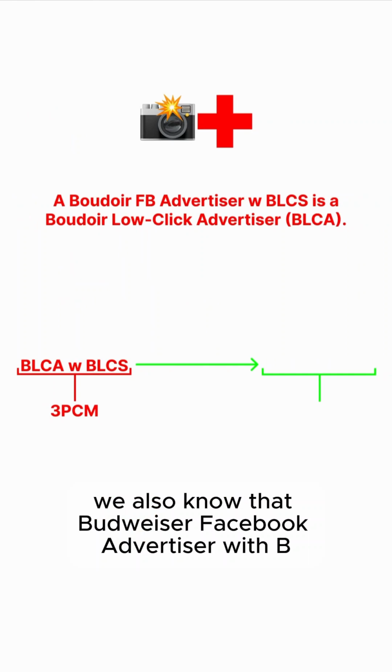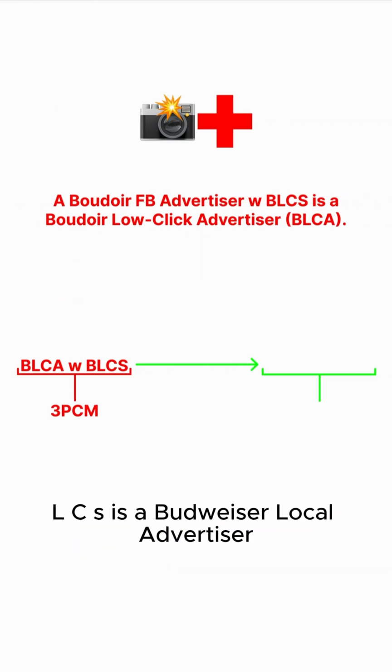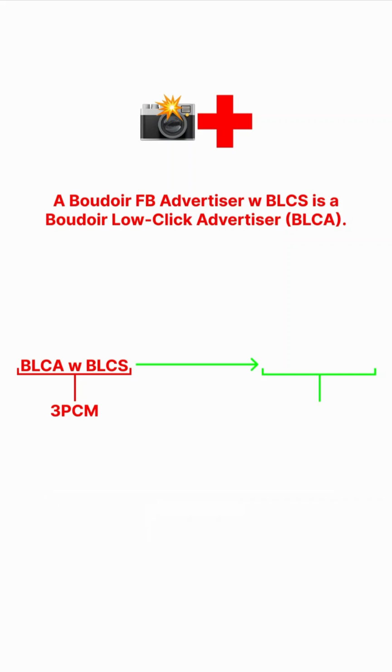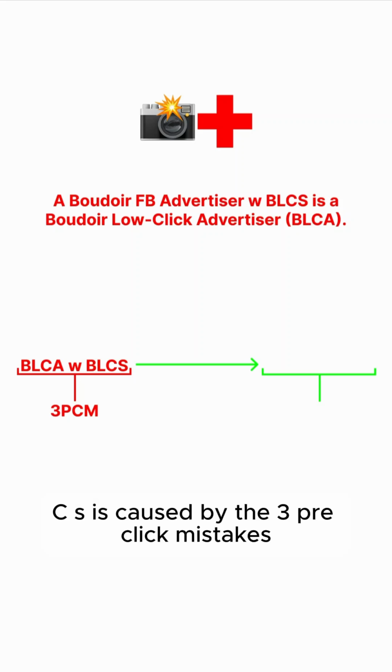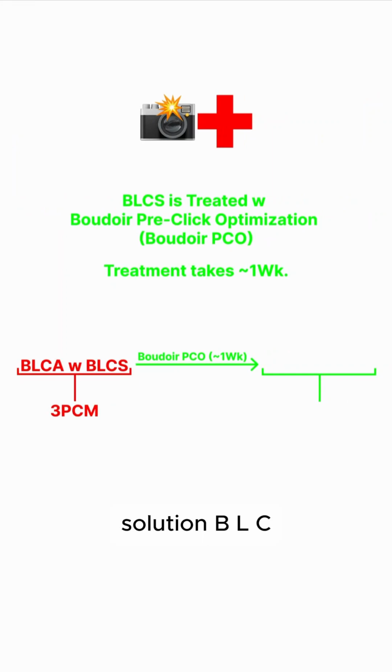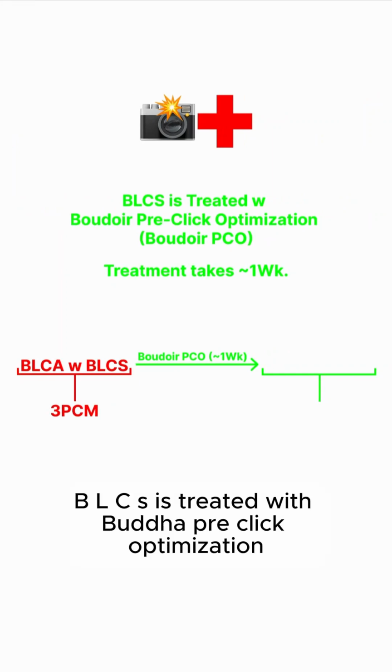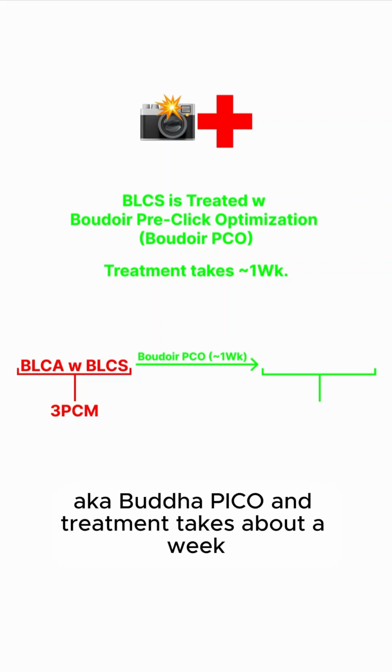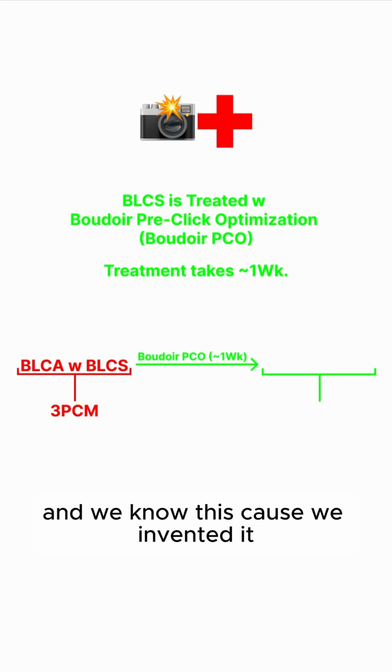We also know that a Boudoir Facebook advertiser with BLCS is a Boudoir low click advertiser, a BLCA. So building our universe here, we've got a BLCA with BLCS caused by the 3 pre-click mistakes. Solution: BLCS is treated with Boudoir pre-click optimization, aka Boudoir PICO, and treatment takes about a week. We know this because we invented it.